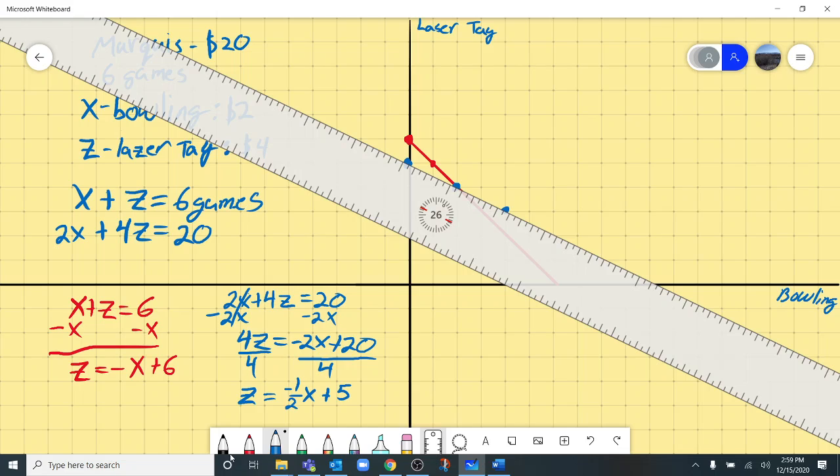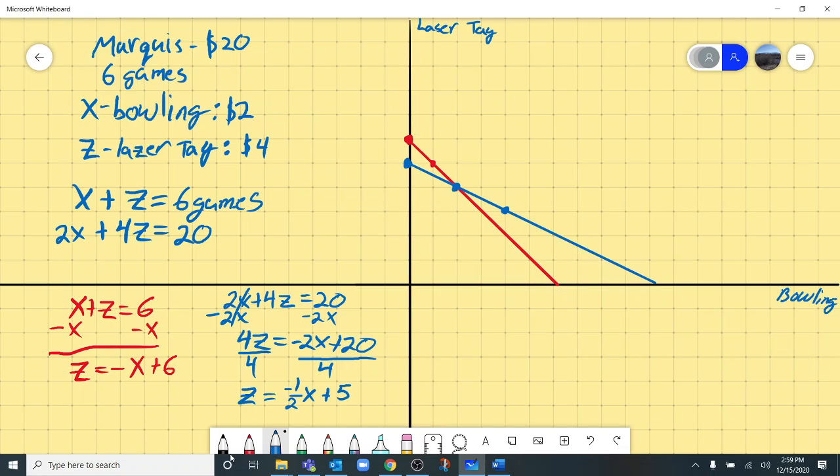So I'm going to draw that in. Okay, and those are our two lines.